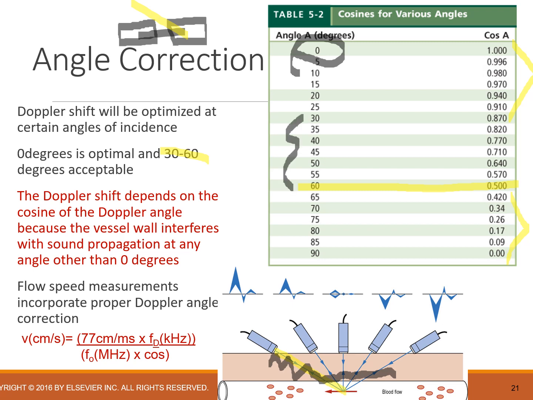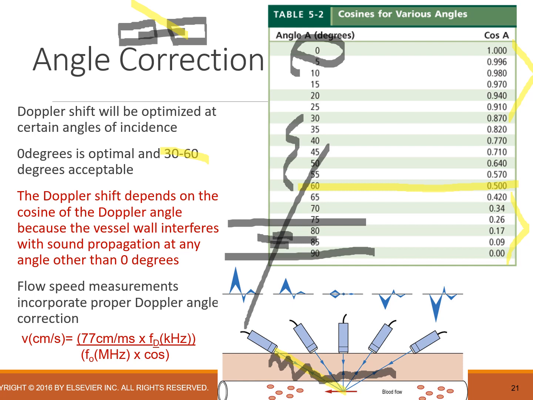Now, when I talk about what the Doppler angle is, when we looked at the vessel originally, there was an image of a vessel being scanned, and we talked about the sample being set in that vessel. The Doppler angle is represented with a long line through the center of that sample. So this long line is going to be our Doppler angle.